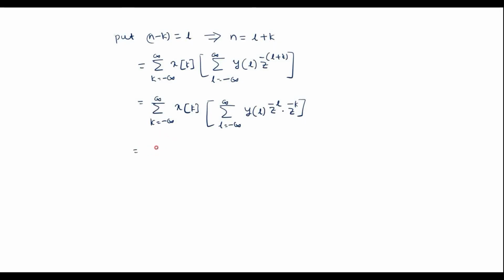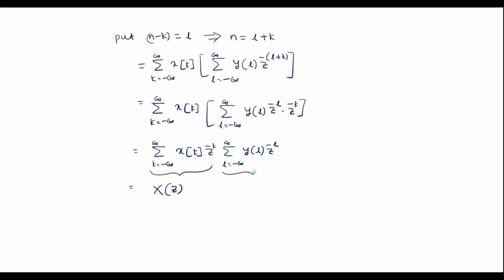So this can be represented as summation k is equal to minus infinity to infinity x of k. Now I will write this z power minus k into the first summation, that is z power minus k summation L varies from minus infinity to infinity y of L z power minus L. So now we know that this is nothing but the Z transform of discrete signal x of k, which is nothing but X of z.